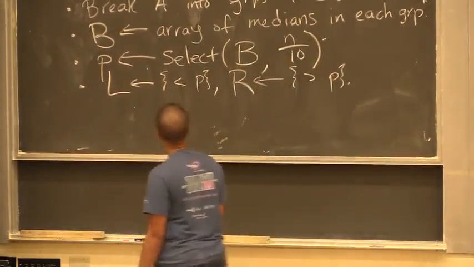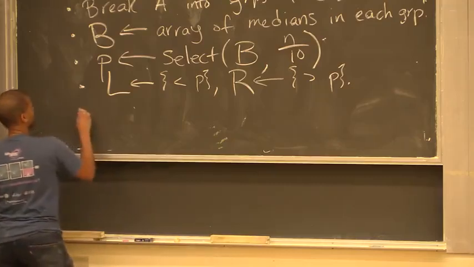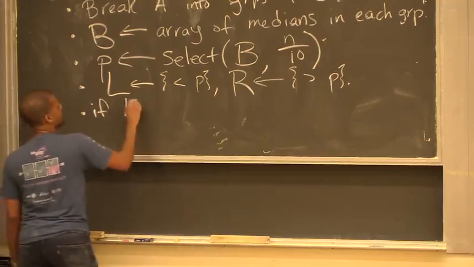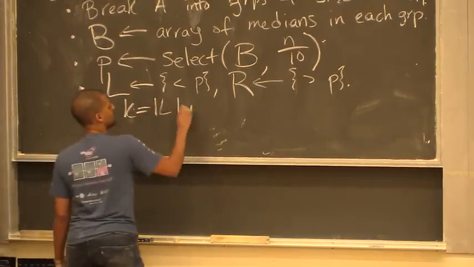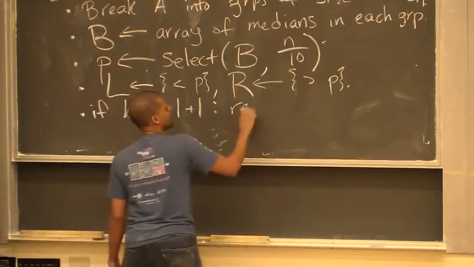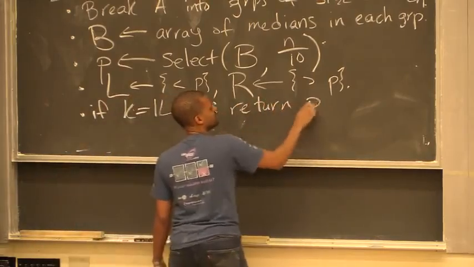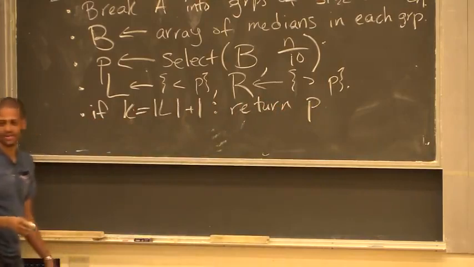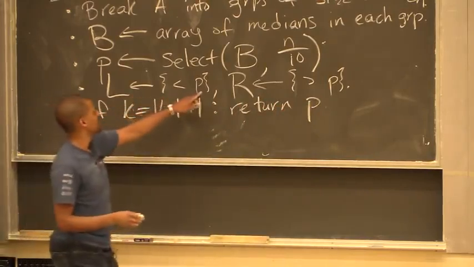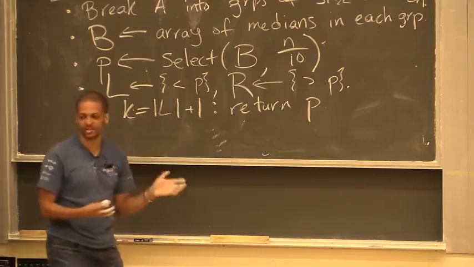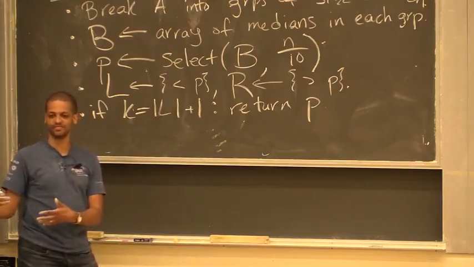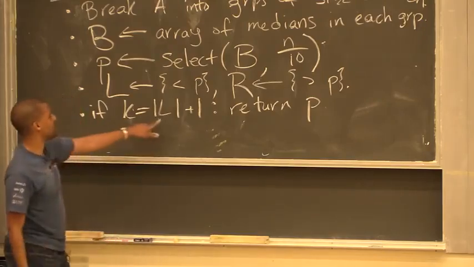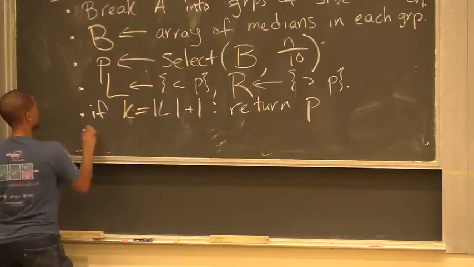So if K is equal to the size of L plus 1, return P, right? Because the rank of P is the L plus 1 of the smallest element in the array, because there are L things less than it, and then there are R things bigger than it. So if K is L plus 1, return P.